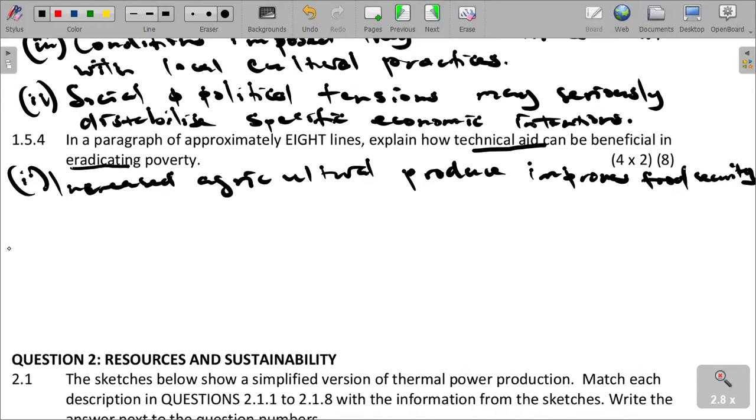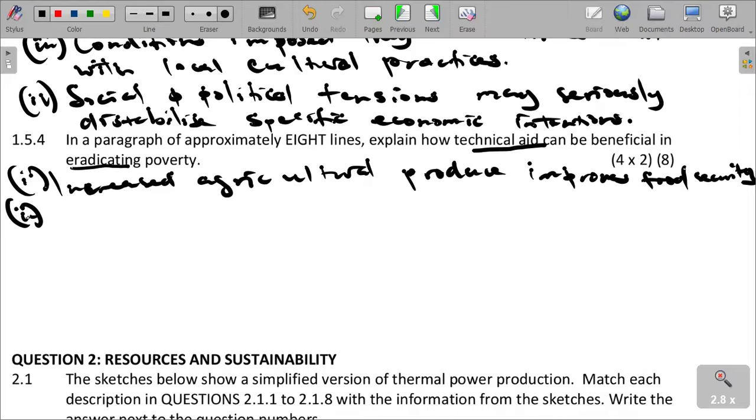So if agricultural production improves, we are able to reduce poverty by what? By food security. When people have got food security, it helps to eradicate poverty.